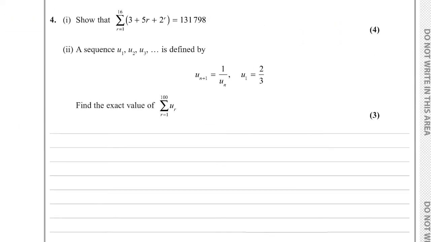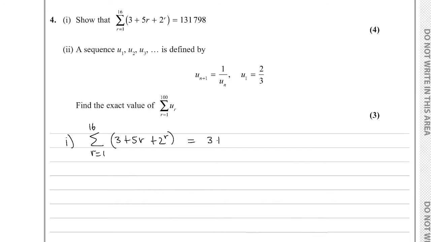Number 4, we have two independent parts identified with Roman numerals. We need to show that this summation of 3 plus 5r plus 2 to the r is 131,798. So it's worth identifying the first few terms of this sequence. Sum from r equals 1 up to 16 of 3 plus 5r plus 2 to the r.